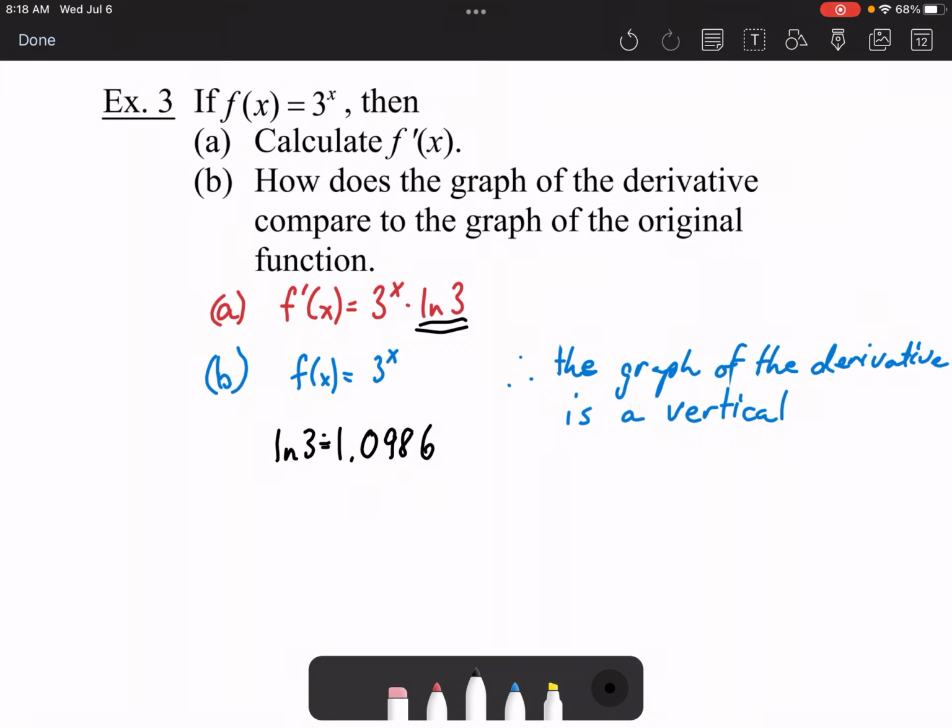Just going to round to 4 decimal places here. So as you can see, the number is bigger than 1, so it's a vertical stretch of the original. And that's how they compare to each other. And that answers that question, and thus concludes this lesson.